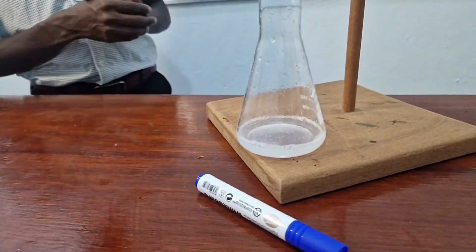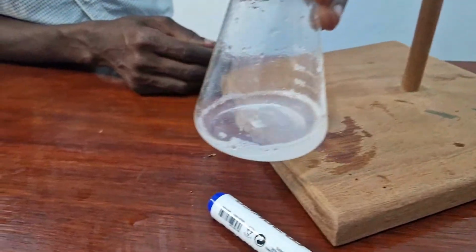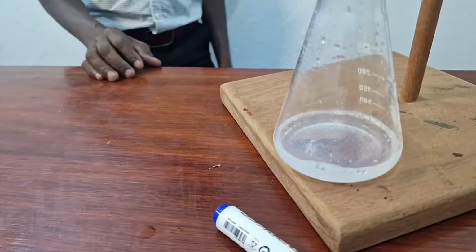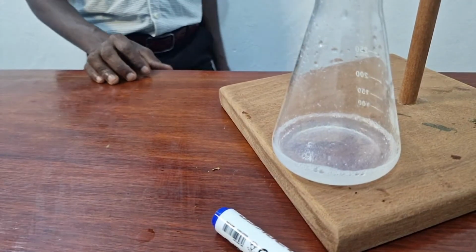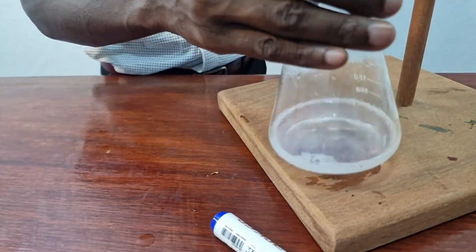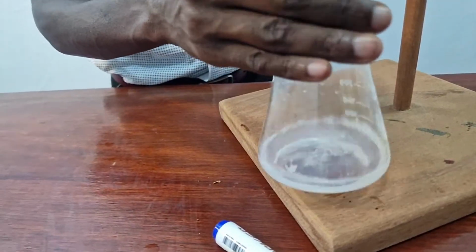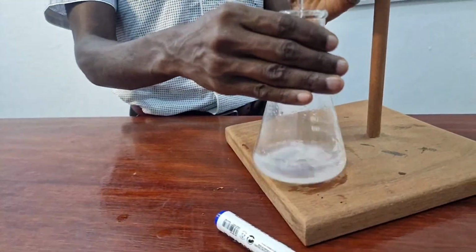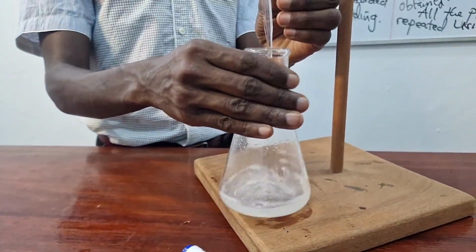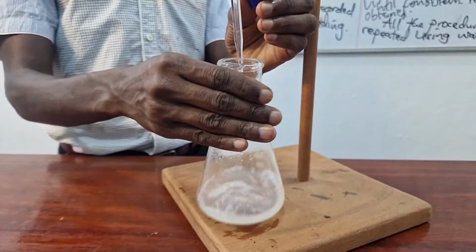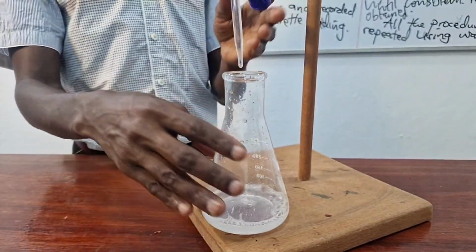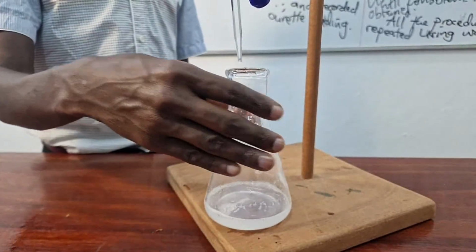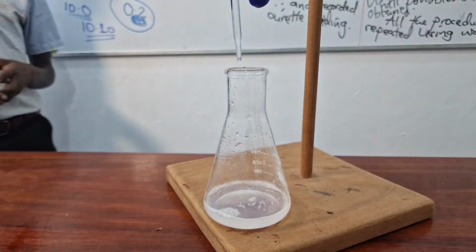Has it formed yet? Is it permanent yet? We need to surely form lather that is visible and permanent. Is it permanent yet?